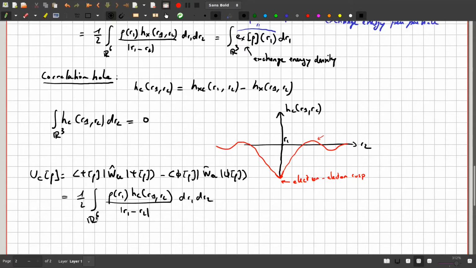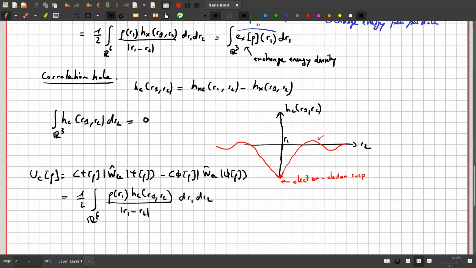But this is not the entire correlation energy. Okay, that's only one part. We miss the kinetic correlation part. So in order to sort of include the kinetic energy contribution to an expression like that, we need another tool, which is called the adiabatic connection.